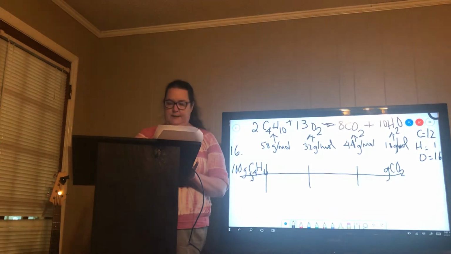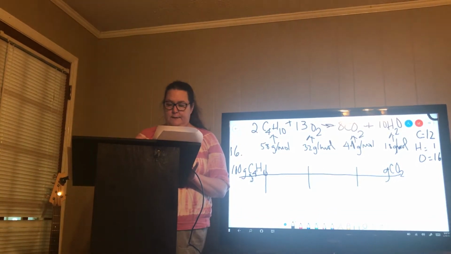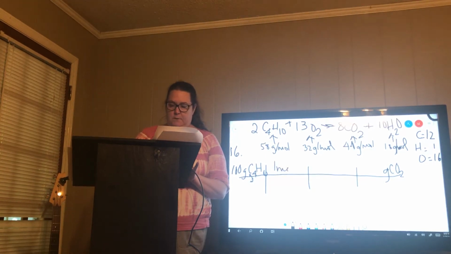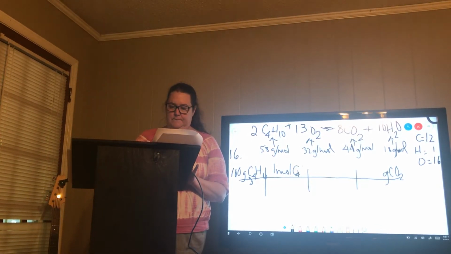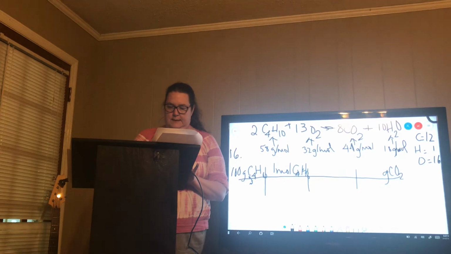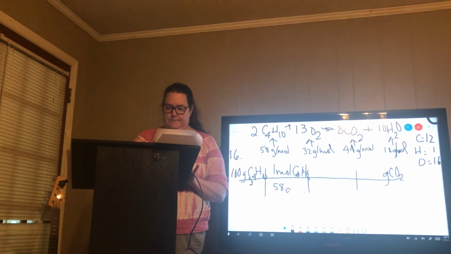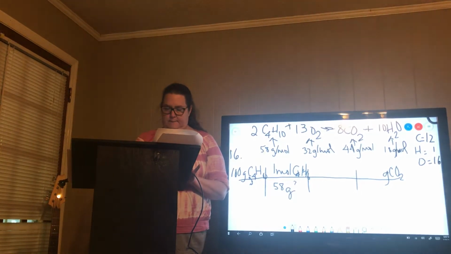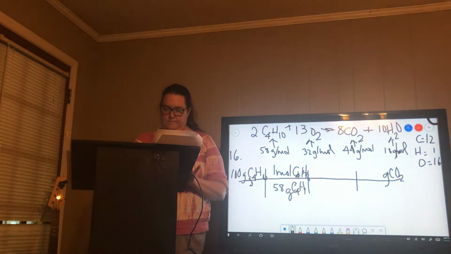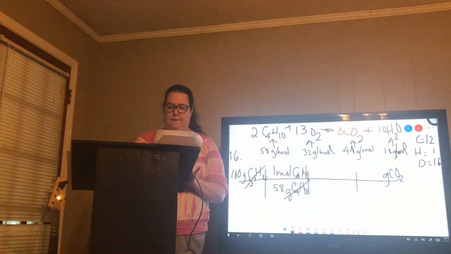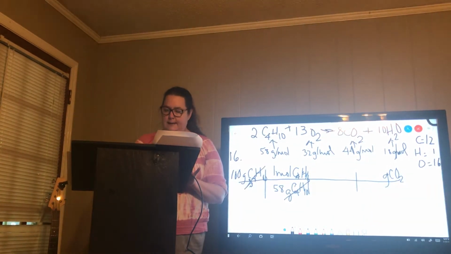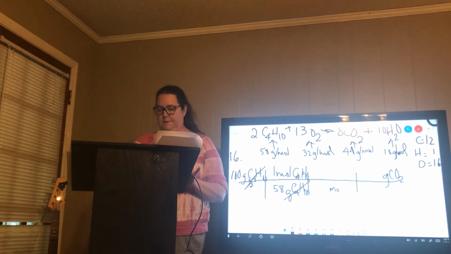I can do that because I know that 1 mole of butane is 58 grams of butane. That gets rid of the grams. Now I've got to get rid of the moles of the butane.